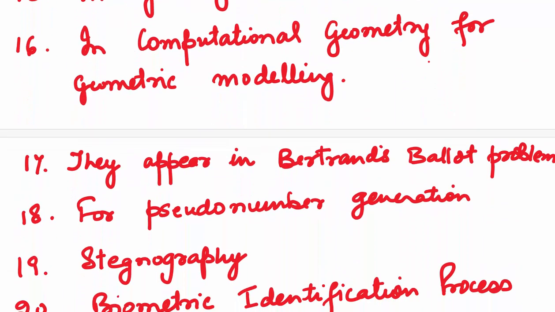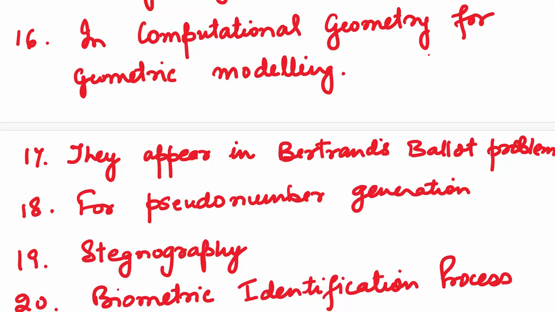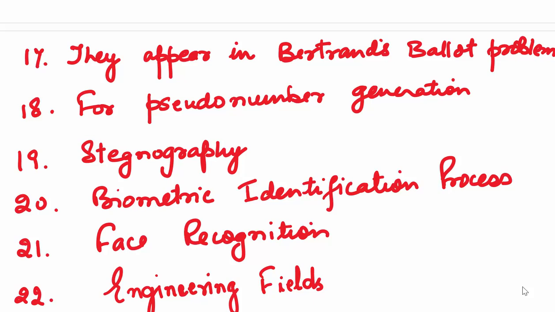They appear in Bertrand's ballot problem, for pseudo-number generation, steganography, biometric identification process, face recognition, and not the least in many engineering fields. They're used in many other fields like medicine, banking, e-commerce, networks, information security. All that is being explored.